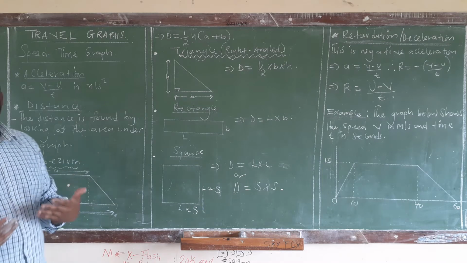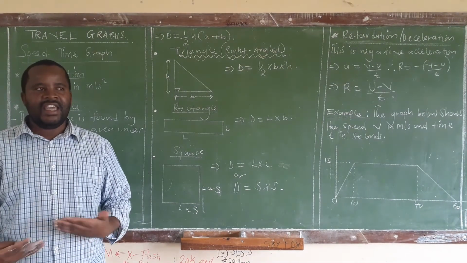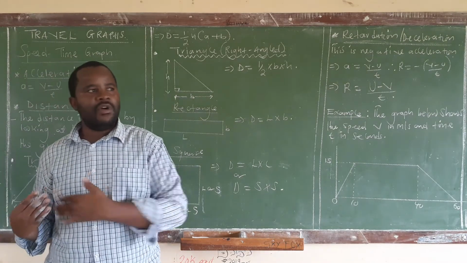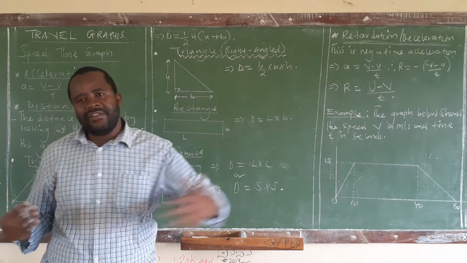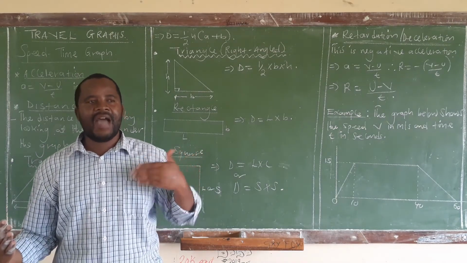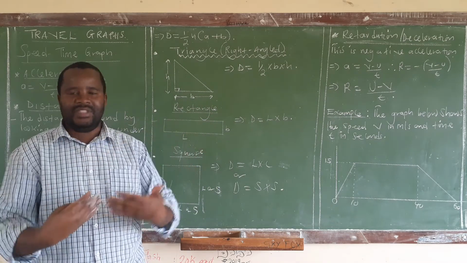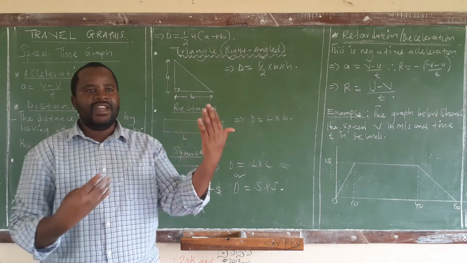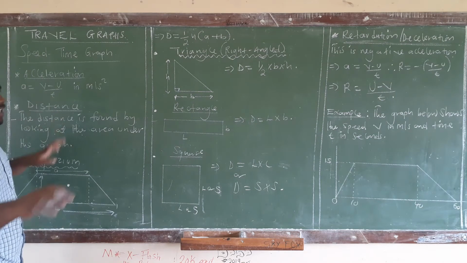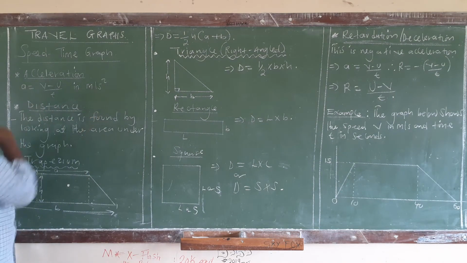So if an object starts from rest, so rest is the initial velocity, then it travels for about 10 seconds to maybe 15 meters per second. So since it is coming from rest, that rest, which is zero, is the initial velocity. The 15 meters per second is your final velocity. So we are saying V minus U over T, that's the formula for acceleration. But remember the unit should be meters per square seconds.